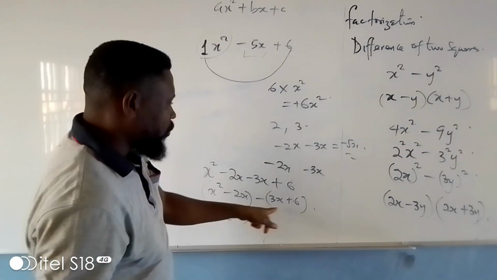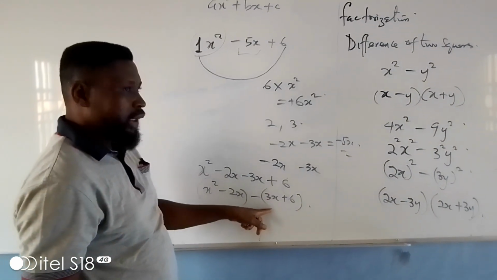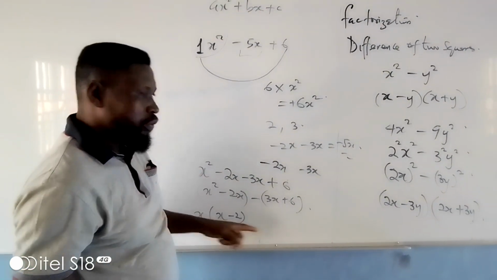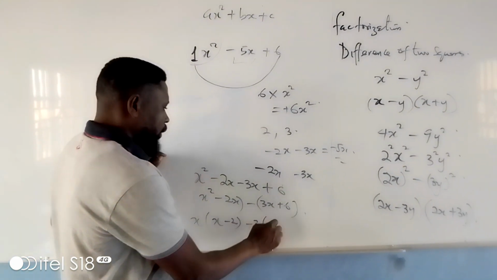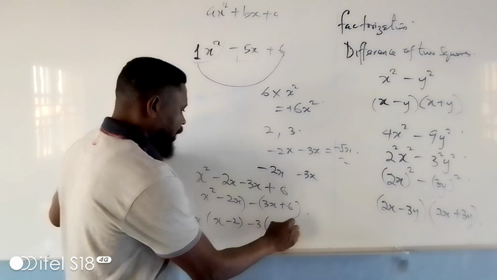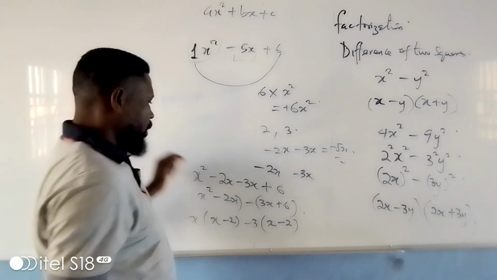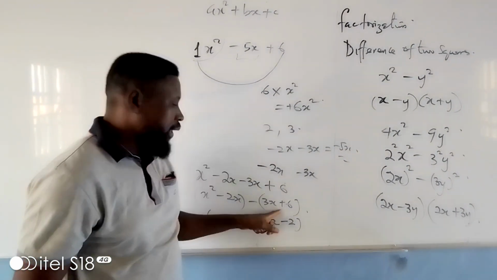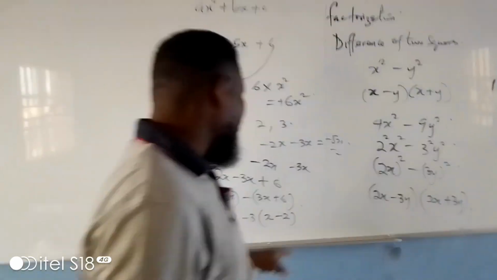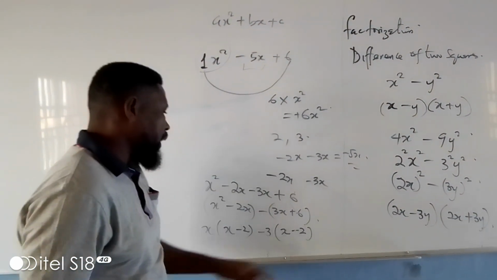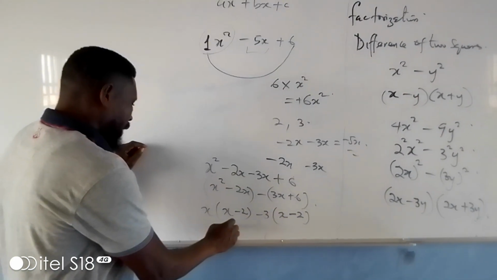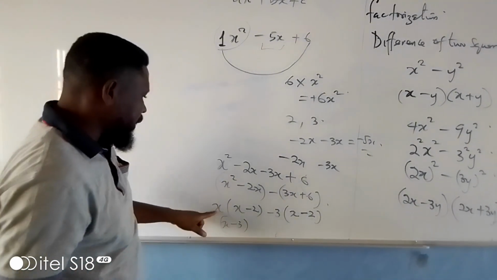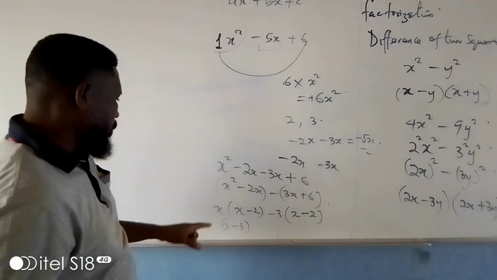And here, what is common? 3 is common to both terms. So you pull out 3, and you are left with x minus 2. Now, the minus sign here has affected the sign in the bracket and changed it to minus. So you have x minus 3. This x minus 3, you write it down.